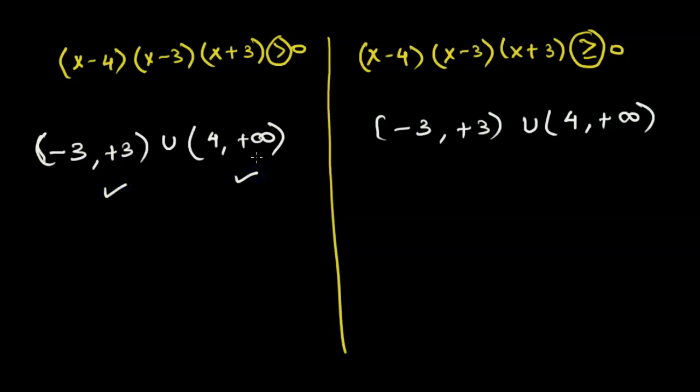We put everything with simple brackets. If we have an equal to sign, then we put square brackets around the roots. So the root values are -3, +3 and 4. The equal to sign means the entire interval is included as a solution along with the zeros. And the zeros, or the x-intercepts or the roots, are -3, +3 and 4. And this is how we solve any type of polynomial inequality following the steps that we have just completed.